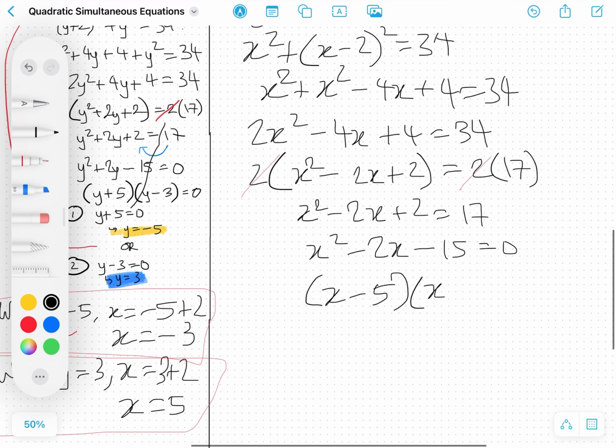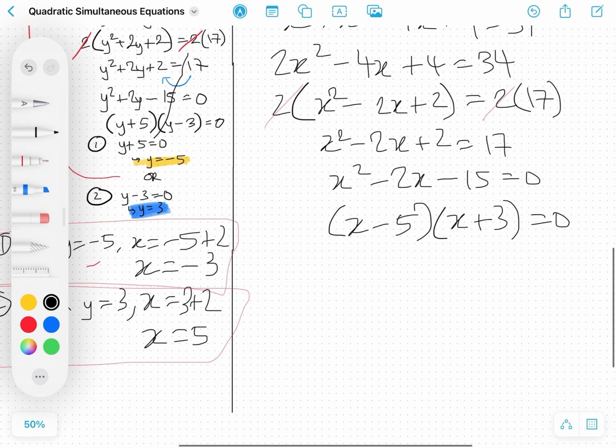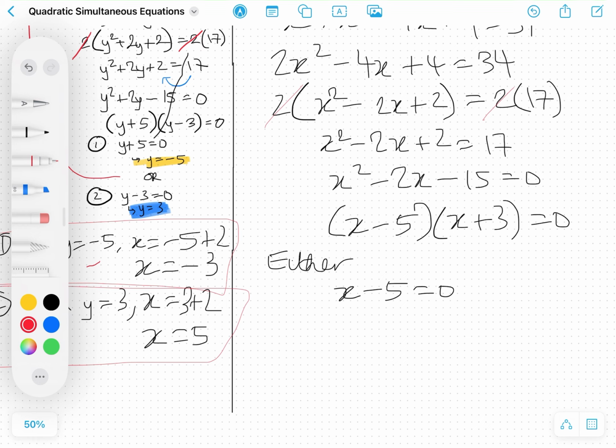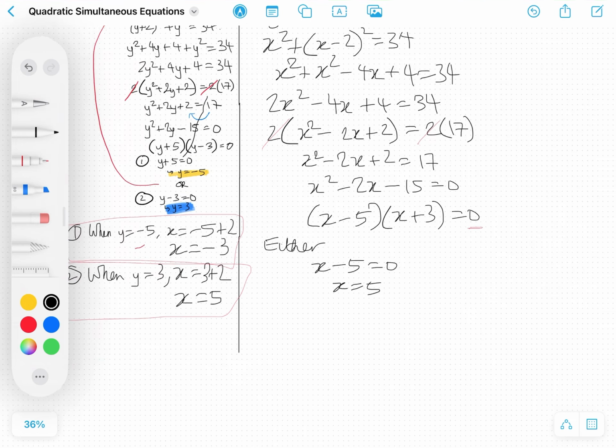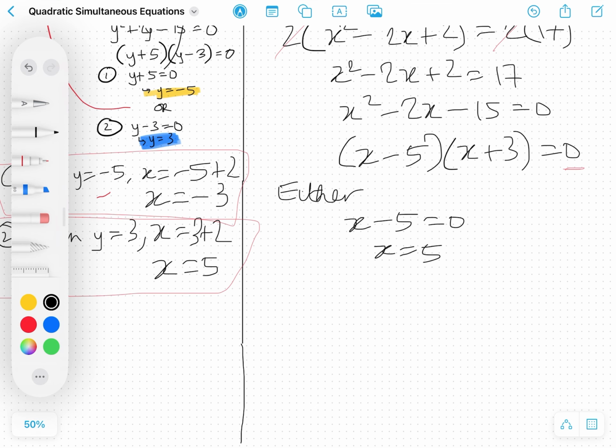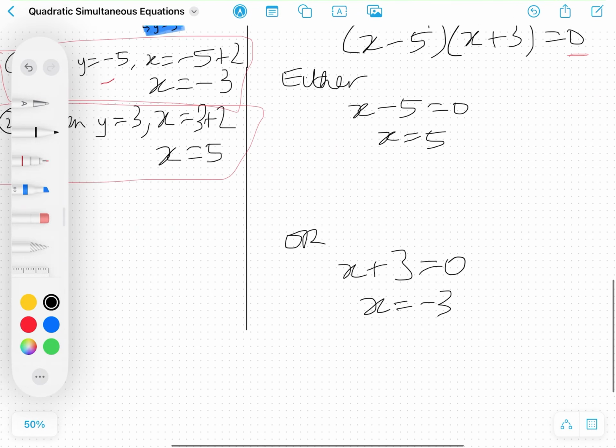So this time we have (x minus 5) times (x plus 3) is equal to 0. So either x minus 5 is equal to 0. One of them must be equal to 0 so that when they multiply, they equal 0. If x minus 5 is equal to 0, then x is equal to 5. Or x plus 3 is equal to 0 and x is equal to negative 3.